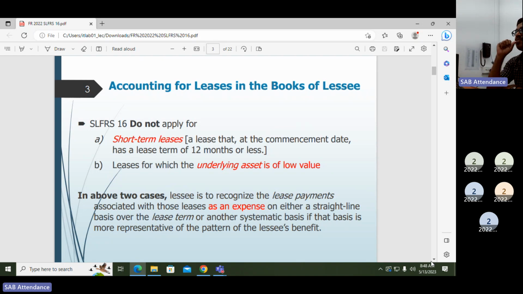For example, say you sell your vehicle and you want to use a vehicle for a few months until you purchase a new vehicle. So you may enter into a lease agreement to rent a motor vehicle for 3 months. Those types of short-term leases are excluded from this particular standard. That means this standard's accounting treatment is not applicable for short-term leases.